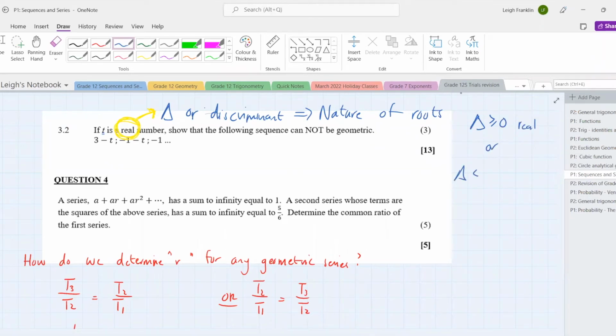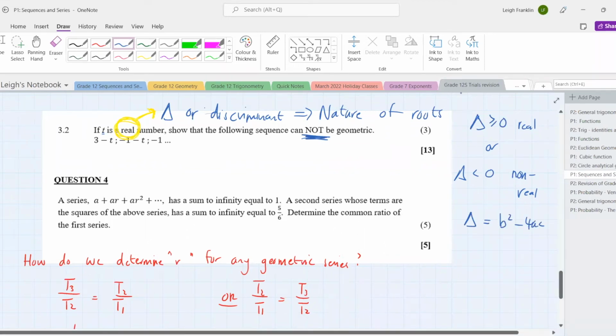Or if delta is smaller than 0, then roots will be non-real. Now we need to prove that this sequence is not geometric. What do you think? The other thing we need to know is that delta is equal to b squared minus 4ac. So what are we doing with delta?